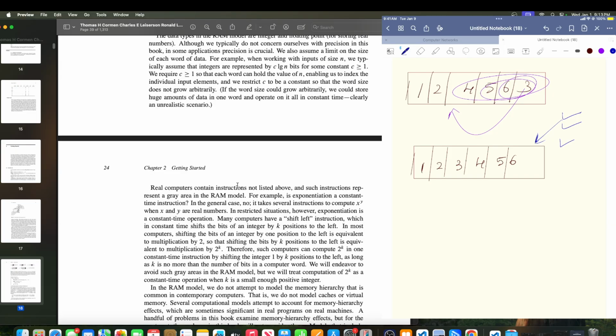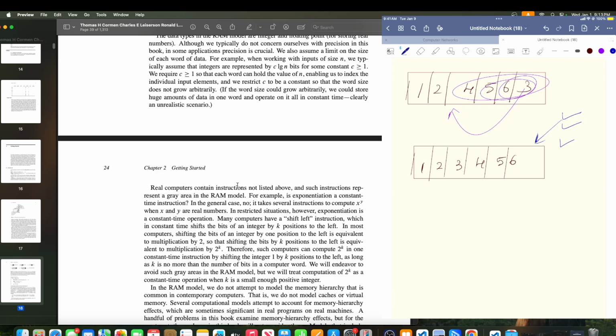Real computers contain instructions not listed above, and such instructions represent a gray area. For example, is exponentiation a constant-time instruction? In the general case, no; it takes several instructions to compute x to the power y when x and y are real numbers. In restricted situations, however, exponentiation is a constant-time operation.